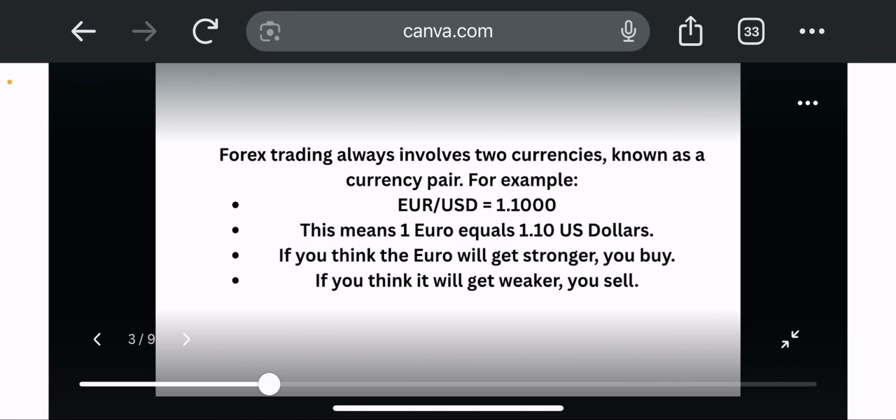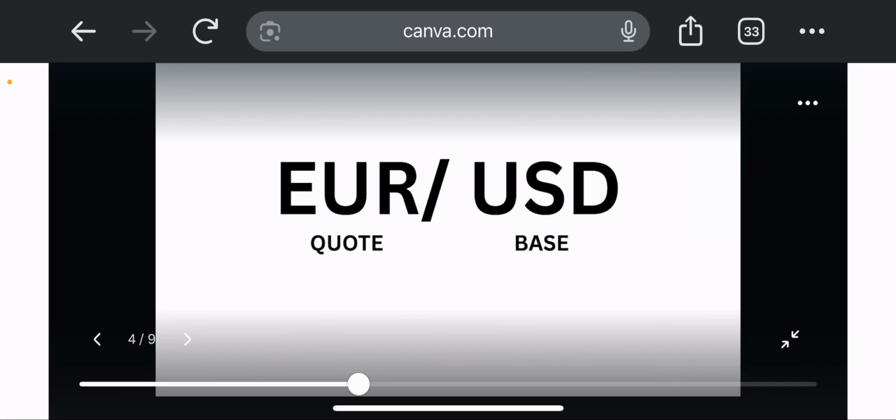I'll explain why they say this. This is under the types of currency pairs. We have EUR/USD. Two currencies have to come together before a foreign exchange can take place. The first is known as the base currency and the second is known as the quote currency. The quote is the one you are putting your money on.